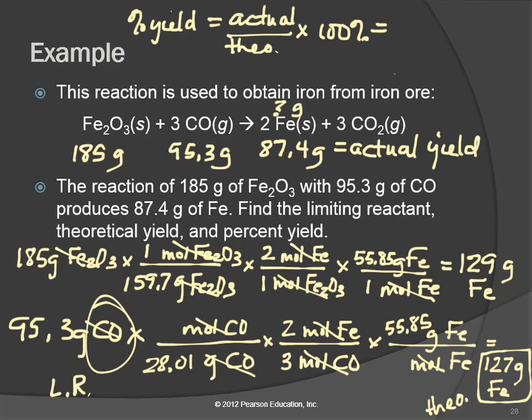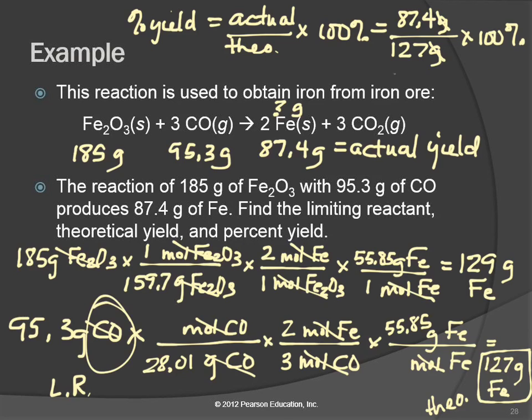This is going to be the actual, 87.4 grams divided by the theoretical 127 grams times 100%. What happens to those units? They cancel out. The unit on a percentage is percent. It's not grams or anything else.